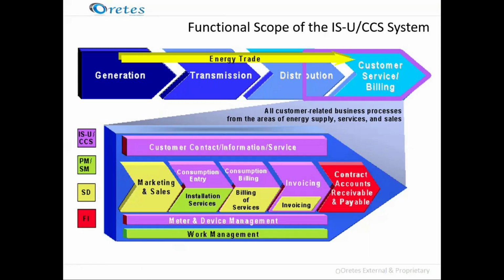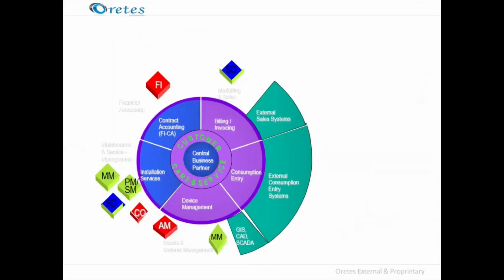So what exactly is happening? SAP started long back in 1971, but SAP ISU was introduced around the 90s. So they used the common modules which are useful, and they completed that solution by 2005. And that solution was introduced into the utility market. So there are some modules which are already there. We call them core modules, R3 modules, and on top of that, we introduce the ISU module. So you can see device management, consumption entry, billing, invoicing.